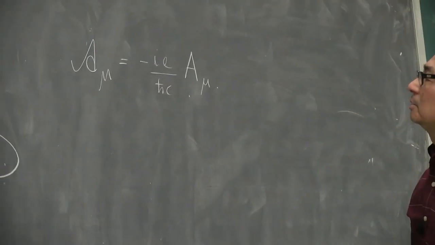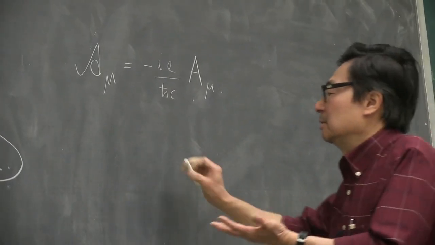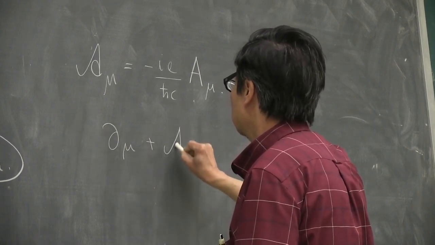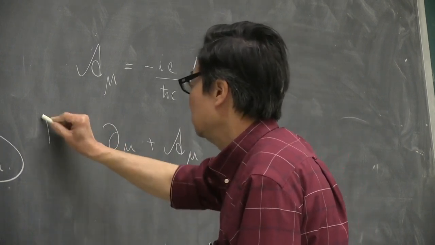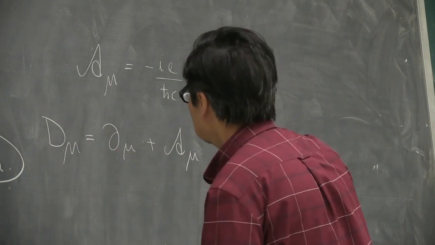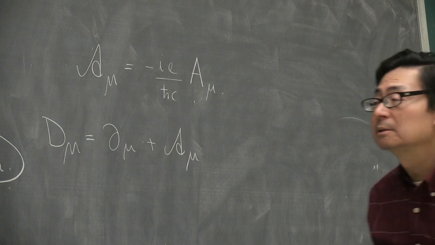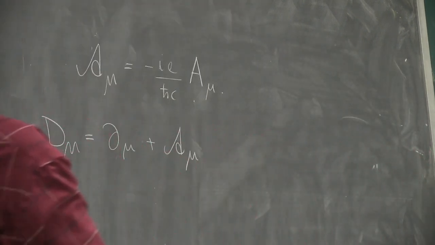There's a reason why we do that, because then the covariant derivative would appear as D mu equals partial mu plus script A mu, like that. Is that right? Yeah.